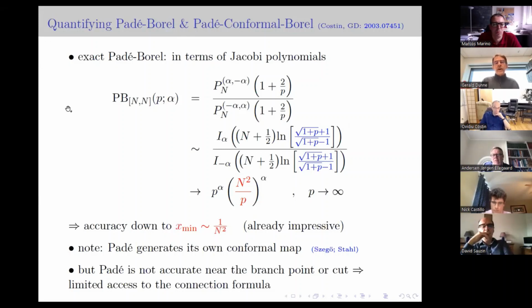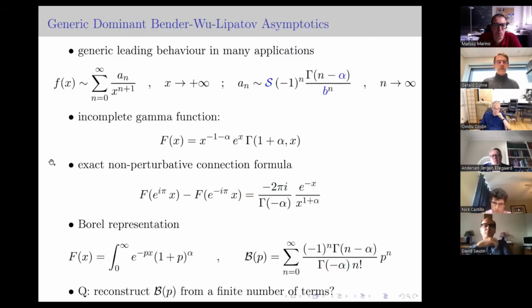So let me give you a comparison of 3 things. Suppose you had some truncated expansion of this expansion, right? So factorial growth, possibly with some offset. Okay, so a generic situation. And you were actually interested in the function back in the original X plane. So it's sort of a Laplace transform of this.